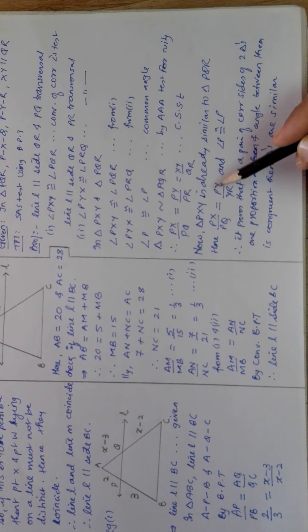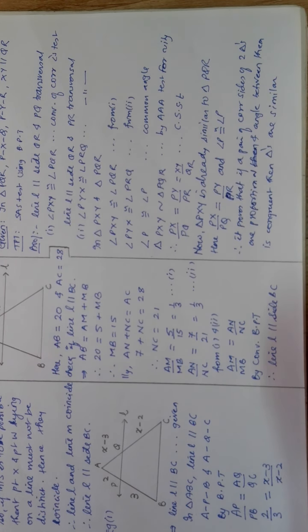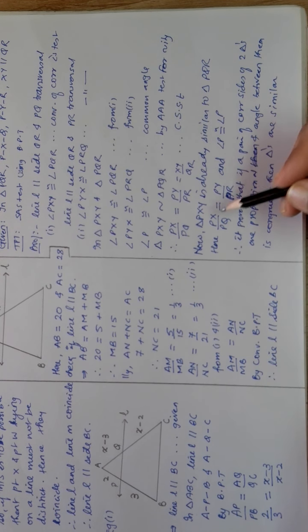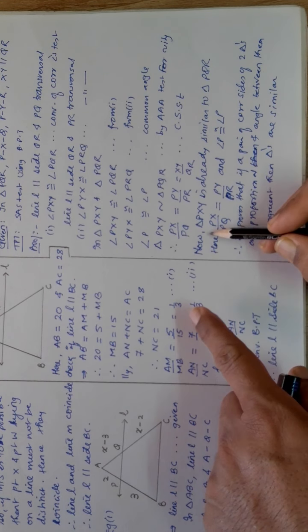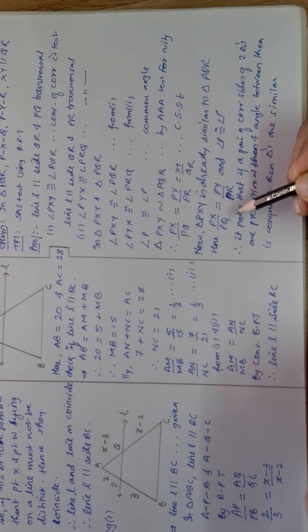PX and PY are sides of triangle PXY, and PQ and PR, sorry, it is written wrong here, it is PR, are the sides of triangle PQR. So PX is to PQ is one pair of corresponding sides and PY is to PR is another pair of corresponding sides of two different triangles.